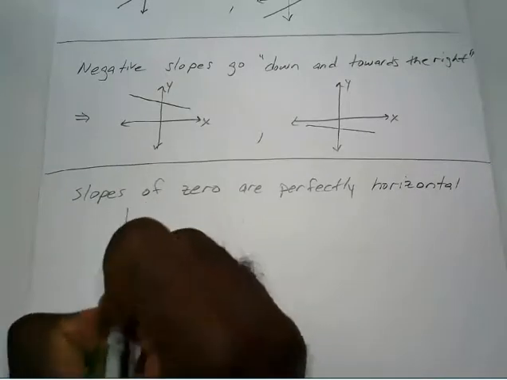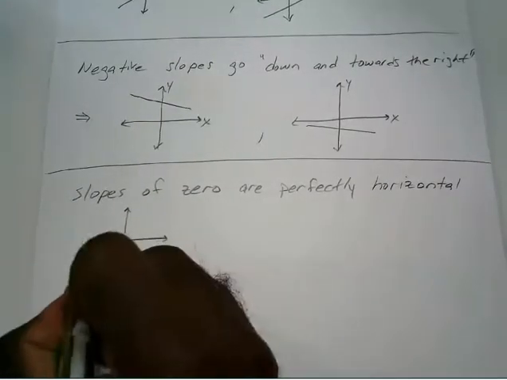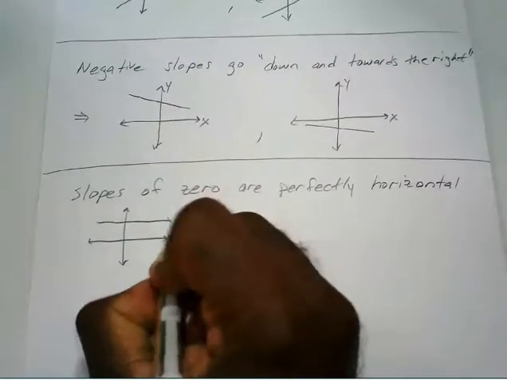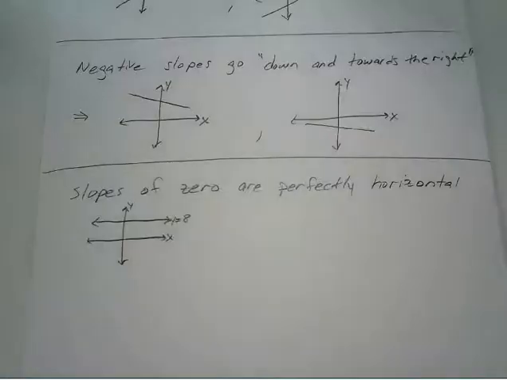Okay, so that, let's say, for example, this is our x-axis, this is our y-axis, and this is the graph of y equals 8. Okay, perfectly horizontal, left to right. Slope of 0.